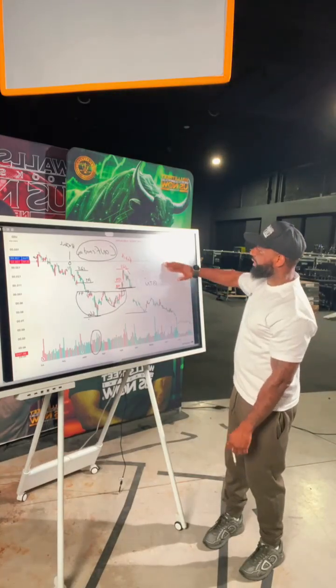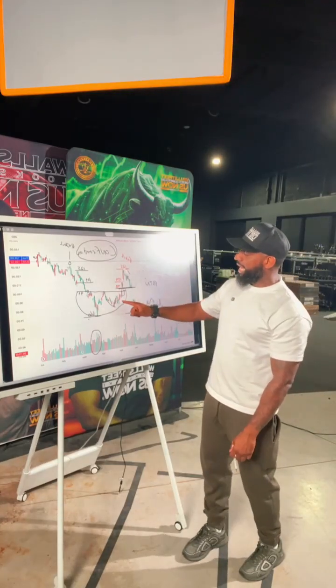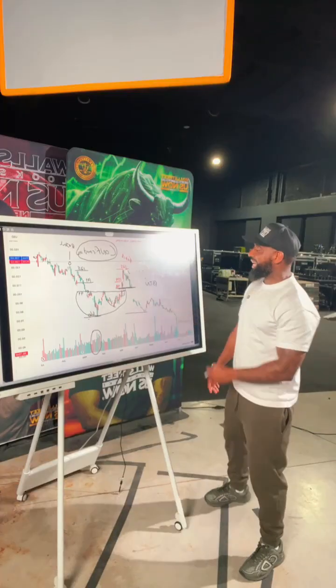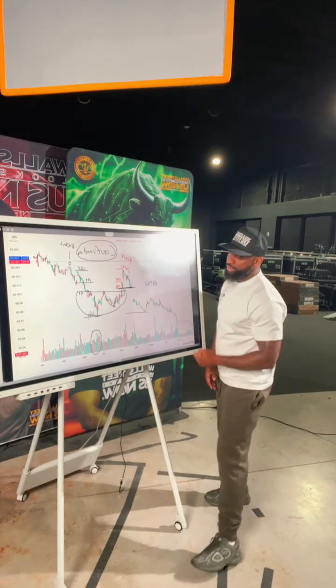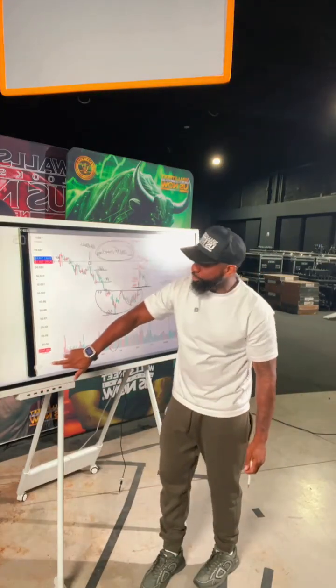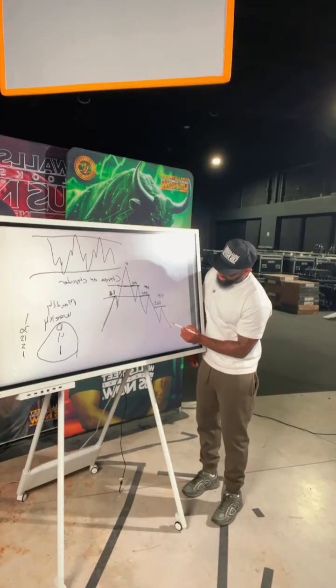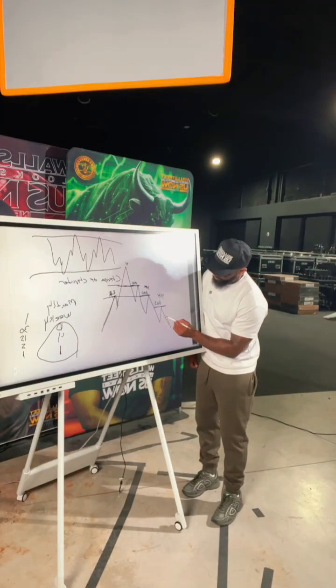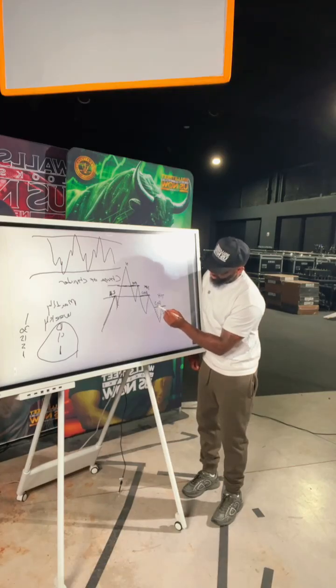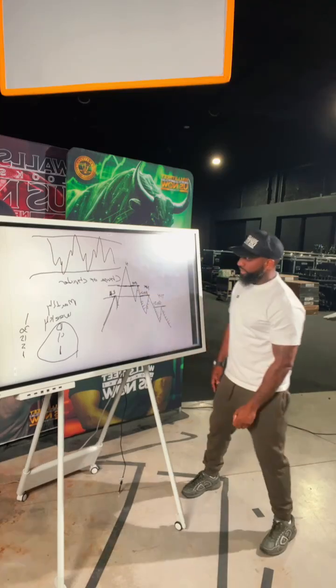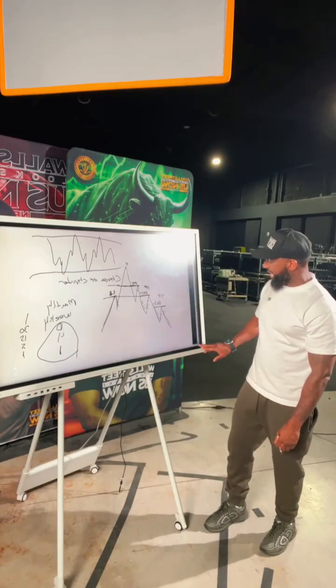Now, you may say, well, Trap, this is a high, low. Don't look at it as individual candles. That's why over here I spoke to you about waves, because inside of these waves you have different candles.